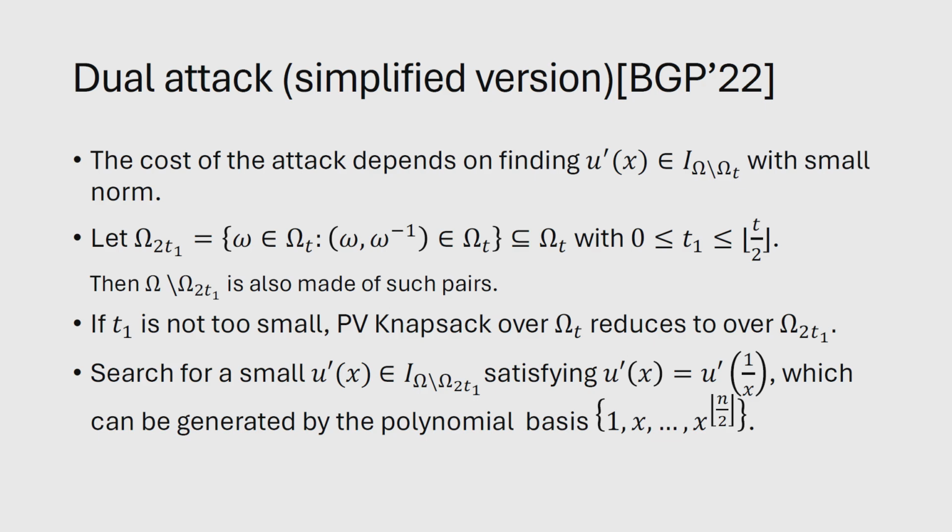And this condition on T1 is basically because we don't want the lattice to get too sparse, not too much dense. Okay. So for finding such u prime inside this complementary ideal of capital omega 2 T1, we can simply find something that has the self-conjugate property.